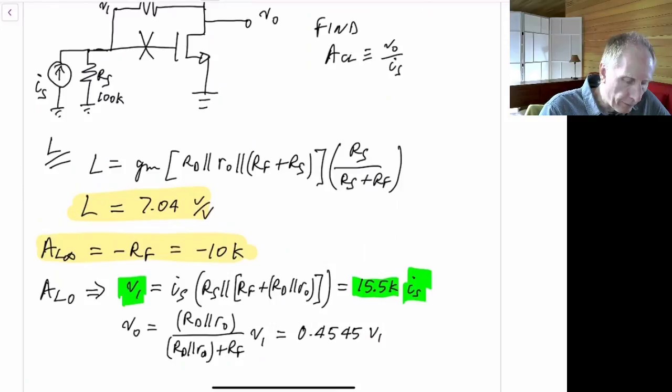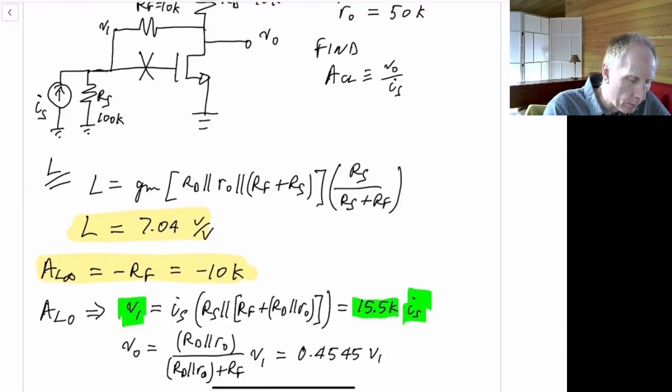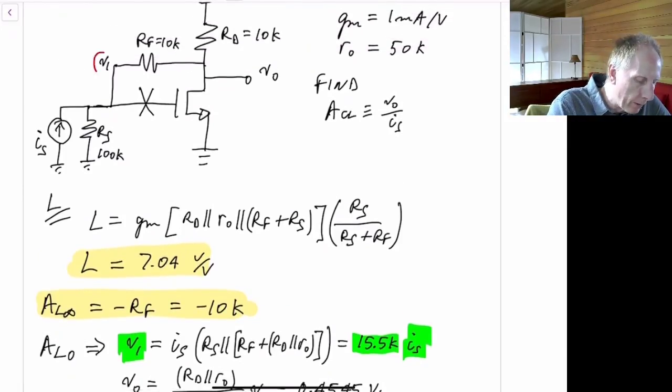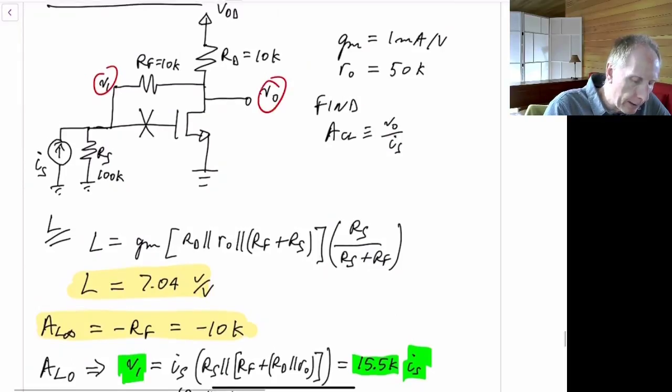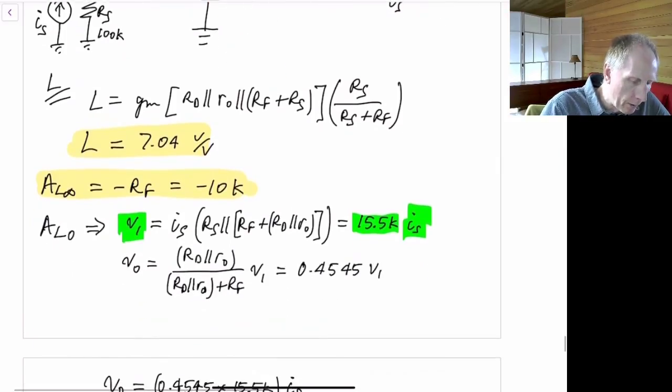So now that we have V1, we need to find the gain from V1 to V out. And as I mentioned, that's just a resistor divider with RD in parallel with R0 divided by RD in parallel with R0 plus RF. So we have that V out is this resistor divider network times V1.